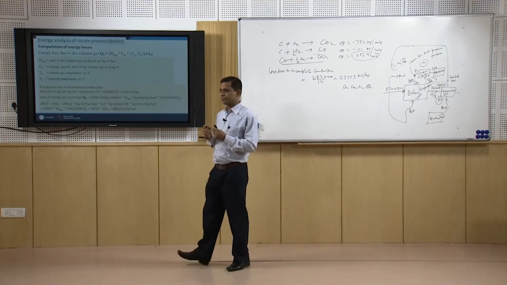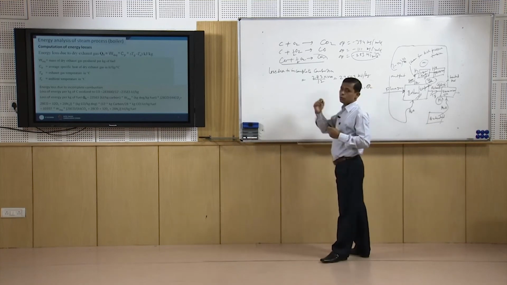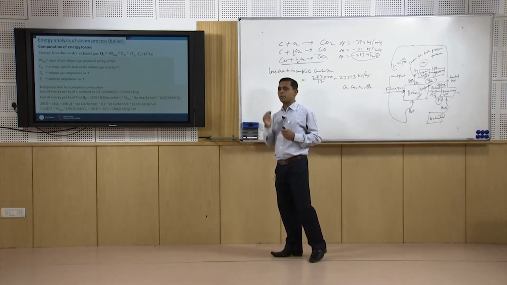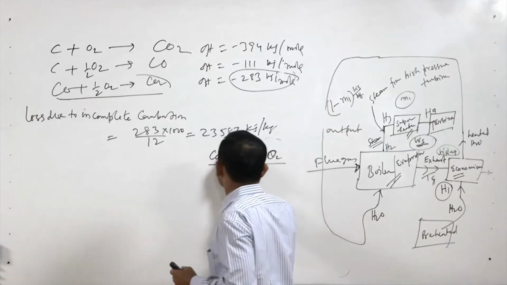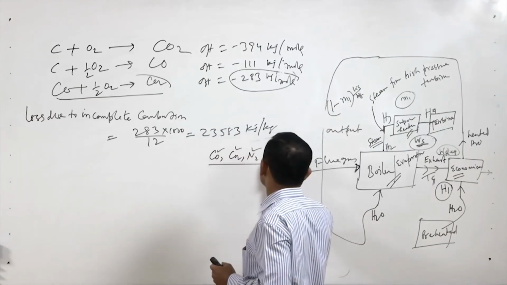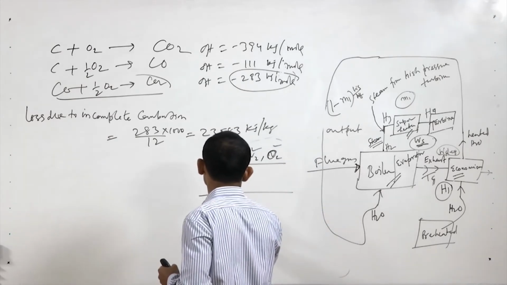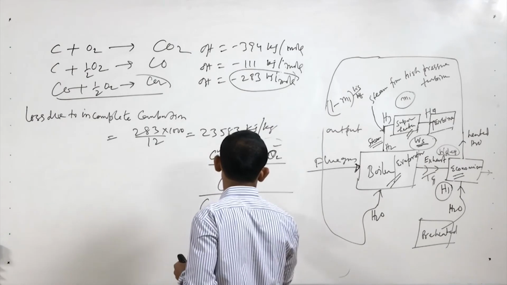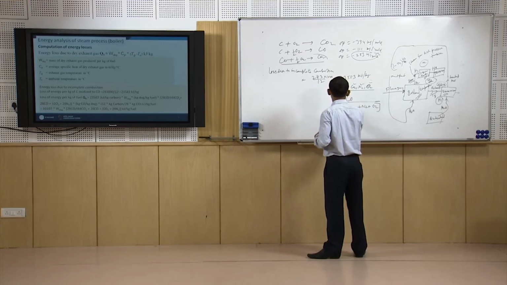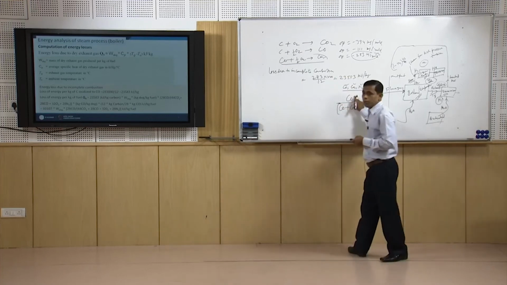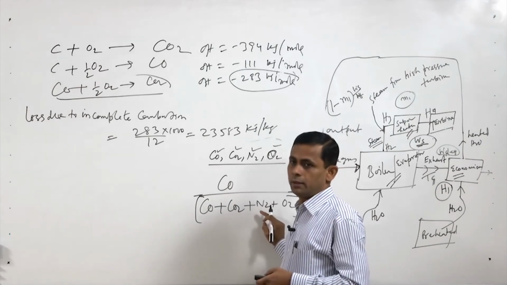If it is lesser, then complete combustion may not take place even though stoichiometric oxygen is provided. So, some amount of oxygen may be available. If we know the mole fraction of all of these, then mole fraction of CO divided by mole fraction of CO plus mole fraction of CO2 plus mole fraction of N2 plus mole fraction of O2 will be the amount of CO present in the total flue gas.